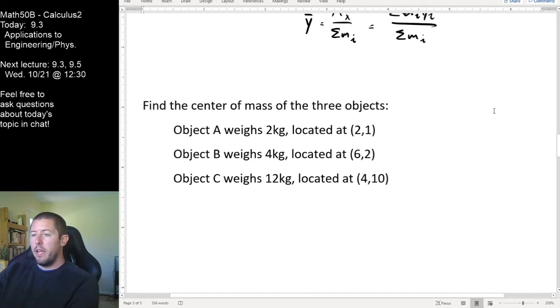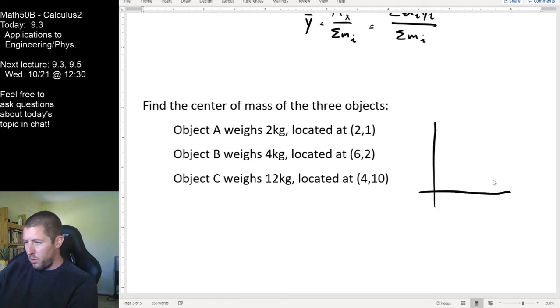So we've been given three objects, A, B, and C, and where we can see it, they're located. They're all in the first quadrant. So I'll give myself some first quadrant axes. I can see that our furthest coordinate is at 10, so I'm just making the axes go out to 10 here.